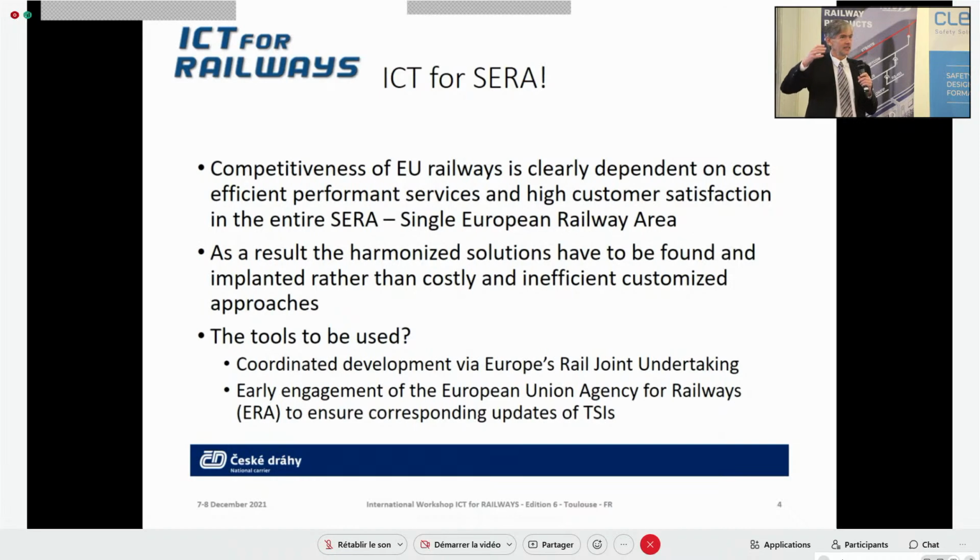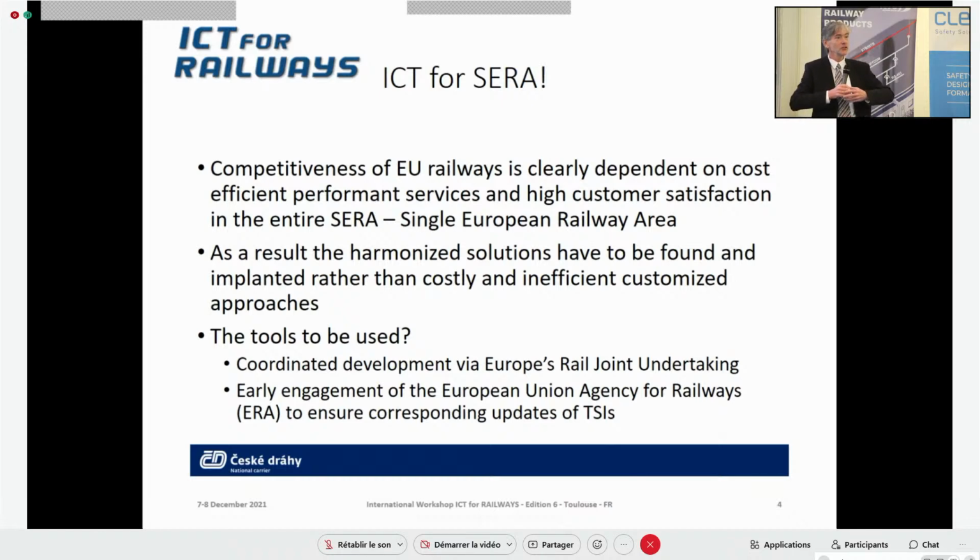The then transport commissioner, Violeta Bulc, said, now we have delivered the Single European Railway Area, and now we have delivered interoperability. I almost fell off my chair, because I said, sorry, but it's a joke. If you have a political or regulatory framework, you are still miles and miles from the final result. And the situation today still demonstrates that we do not have the Single European Railway Area.